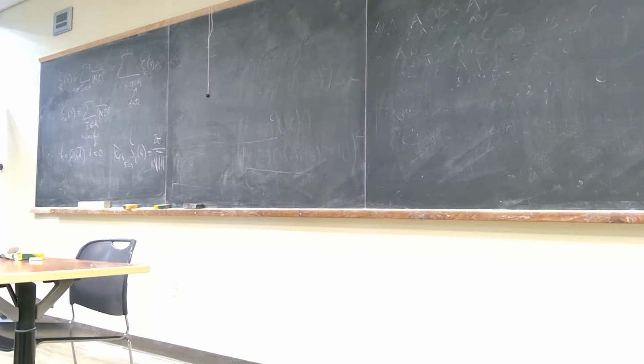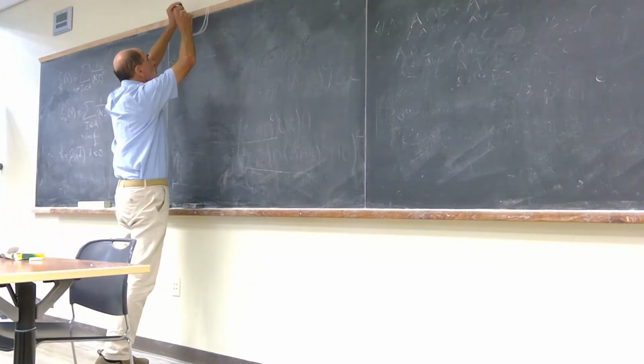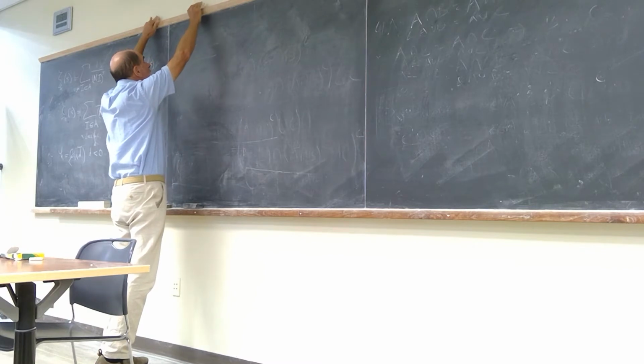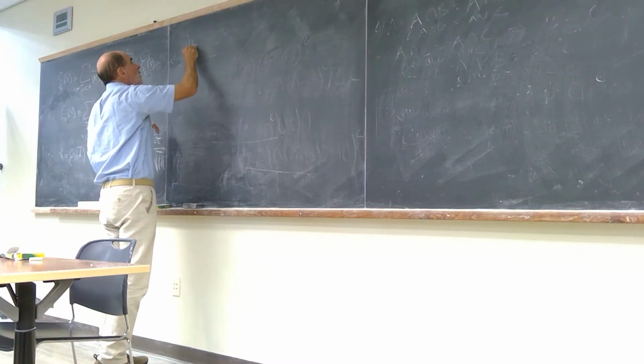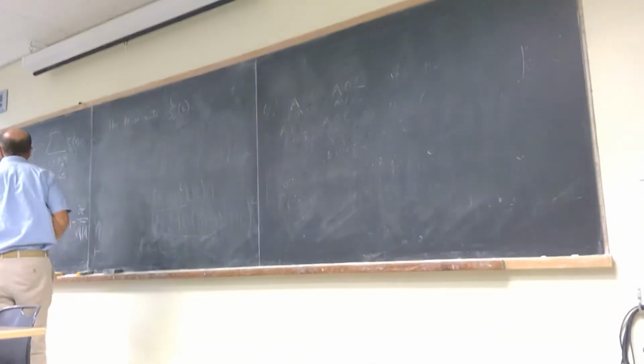In general, if you're looking at this zeta function for a given ideal class, how do we write zeta C of s in terms of something we can compute?